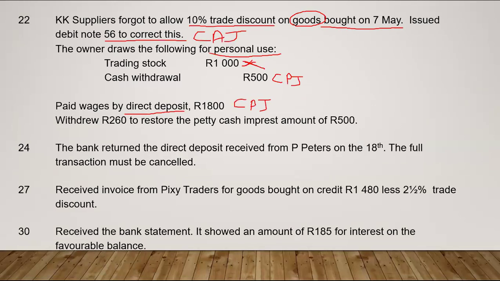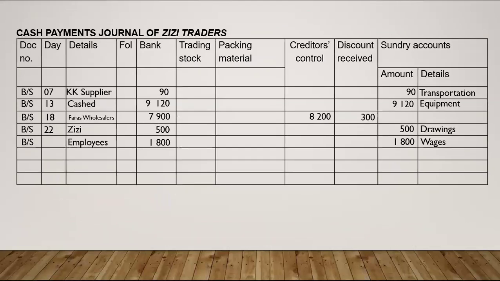Then it says withdrew 260 to restore the petty cash imprest amount of 500. Again, when we draw cash from the bank, it goes to CPJ. It'll be BS. And the details are write petty.